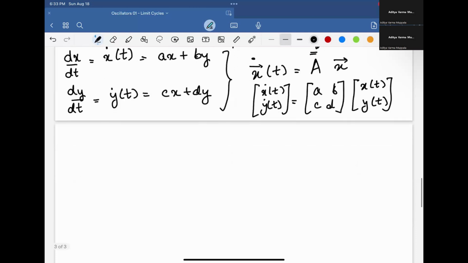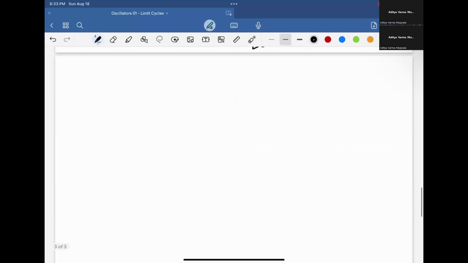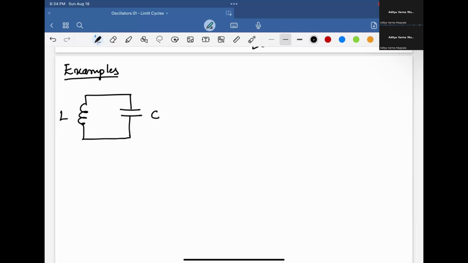So let's take some examples, just to make this a little bit more concrete. Since we're doing this in terms of electrical oscillators, let's take a simple LC resonator, C and L. And let's say the voltage across both of them is given by V, and then the current leaving the capacitor is given by I. Right?